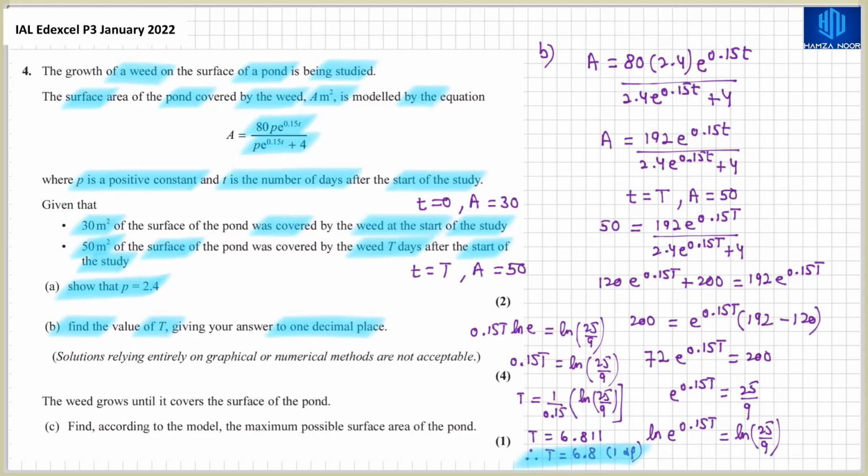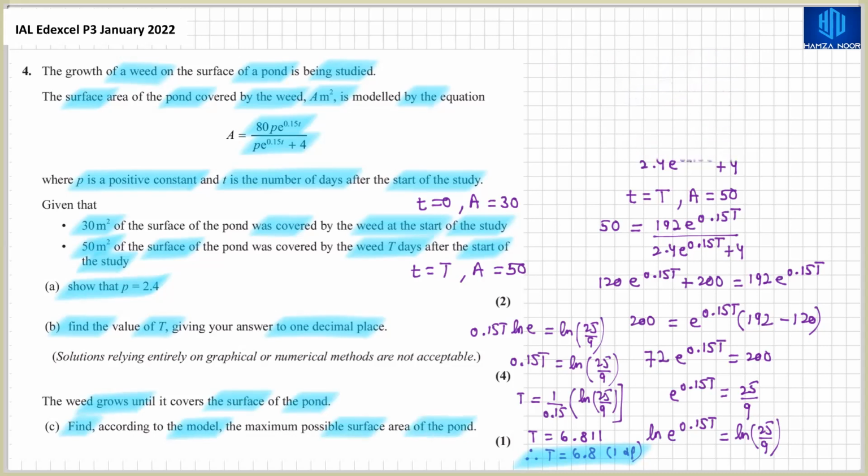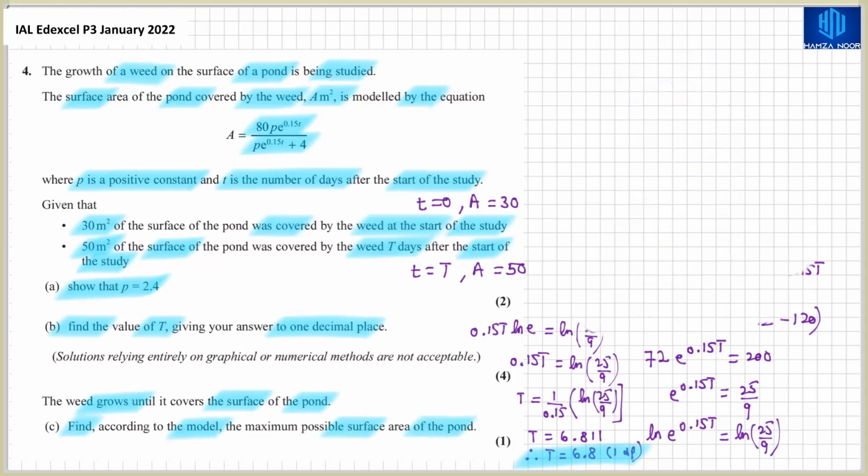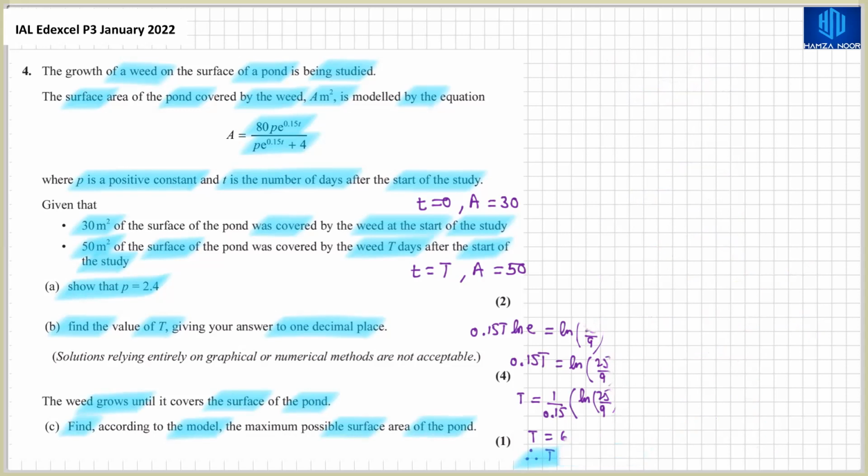It says that the weed grows until it covers the surface of the pond. Find, according to the model, the maximum possible surface area of the pond. I'm going to erase the working of part B, and you will solve part C on the same page. We want to find the maximum possible surface area of the pond.